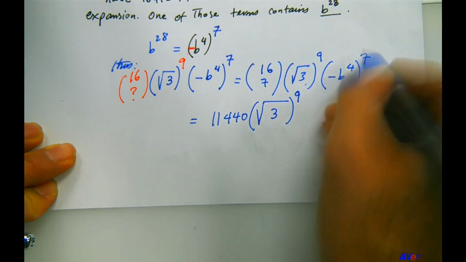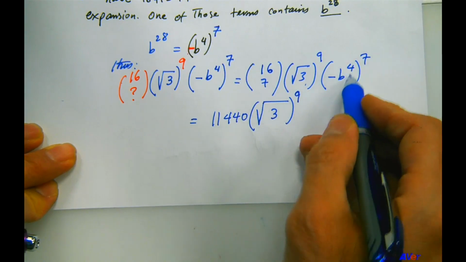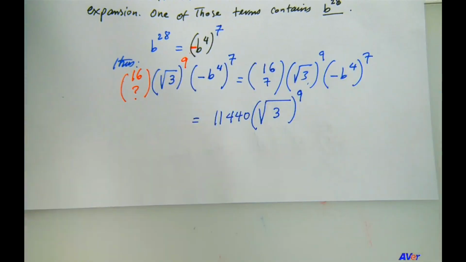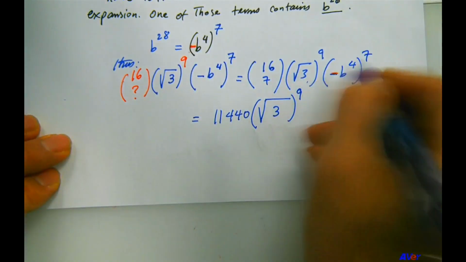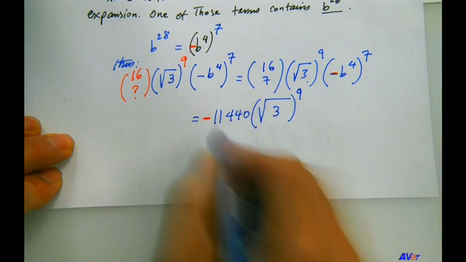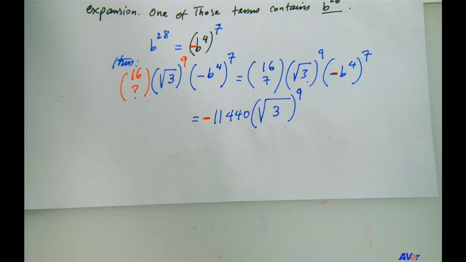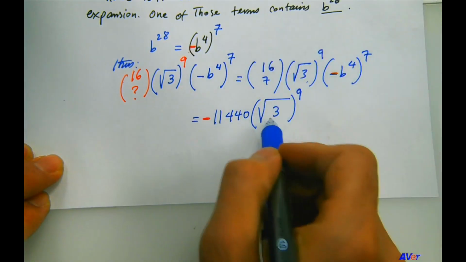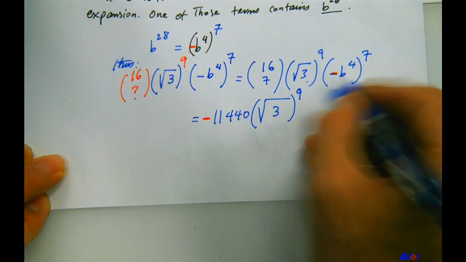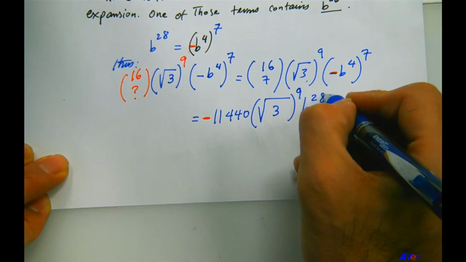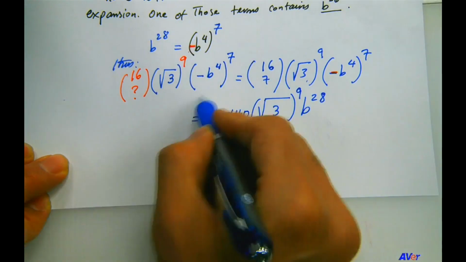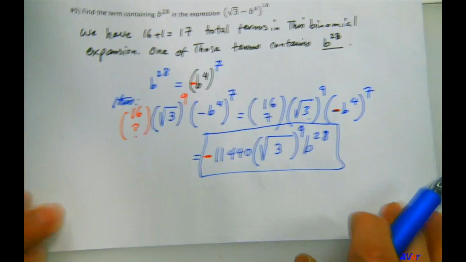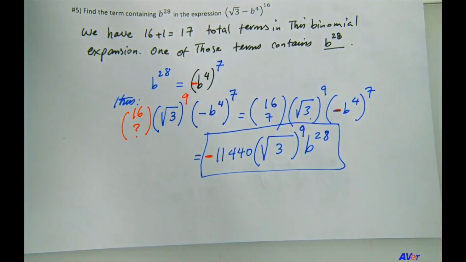Because this minus is being raised to the 7th power, not the 28th power. So that minus is going to be preserved, and it's going to come here: minus 11,440, square root of 3 to the 9th power, which I keep because I'm avoiding the decimal value, and then times b to the 28th power. So this is the full term that we were looking for among the 17 terms that we have, right?